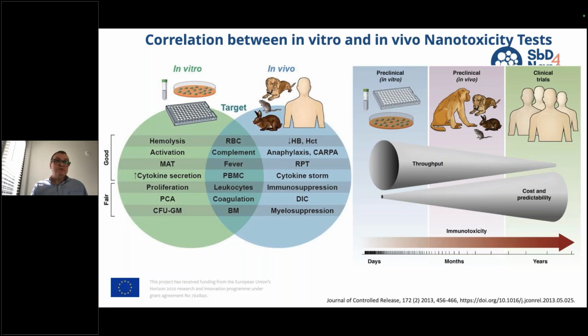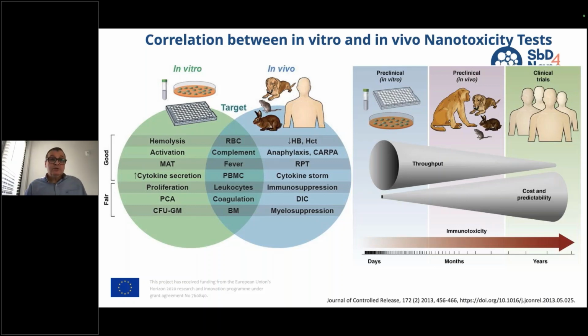So there's an effort to develop in vitro tests which mimic in vivo systems, such as 3D cell cultures and microfluidic systems and so forth. That's why in this project we focus on in vitro; we don't have the capacity to test such diverse nanomaterials in vivo.